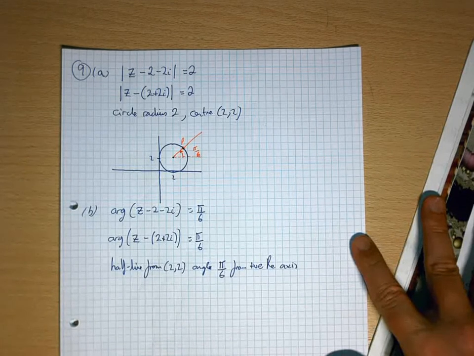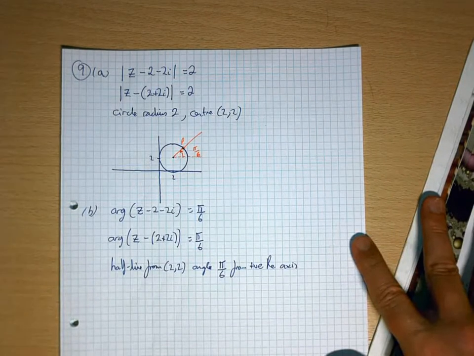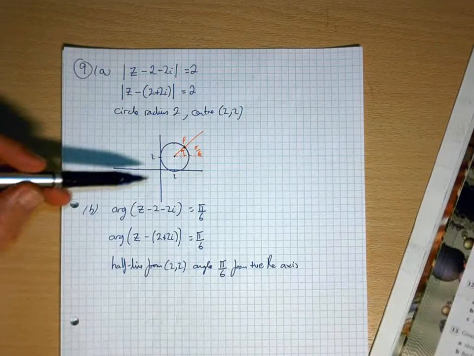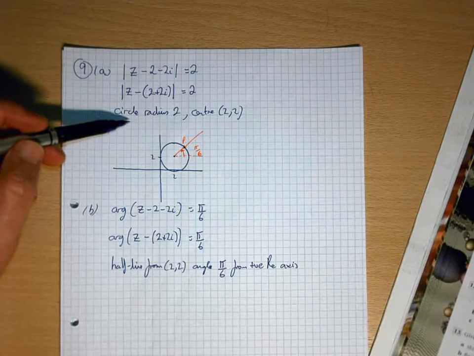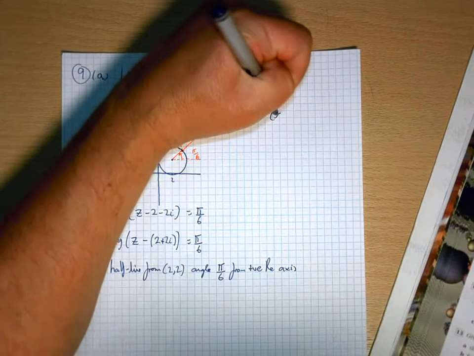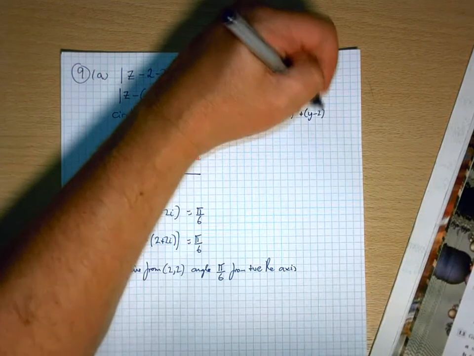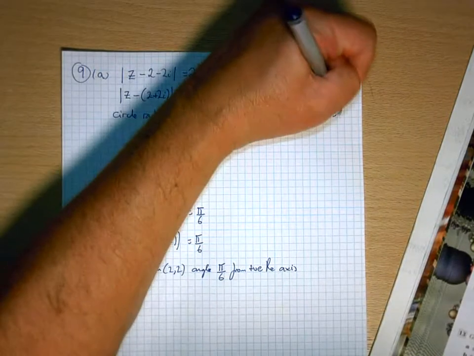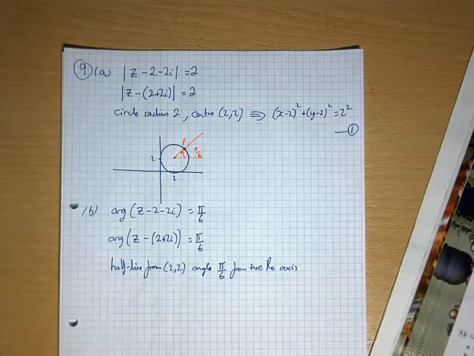Now this time it's not so straightforward to get the Cartesian equation of the half line. Cartesian equation for the circle we can write straight down again. This is going to be x minus 2 squared plus y minus 2 squared equals 2 squared. So that comes straight out of your normal A-level maths work.